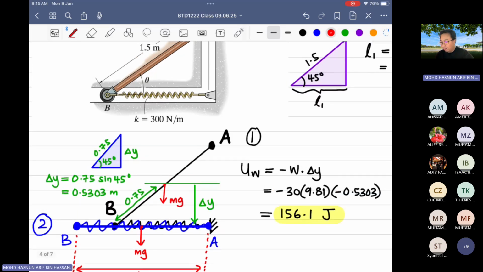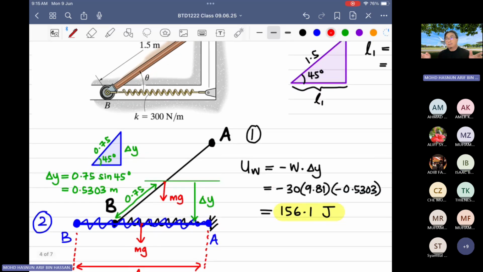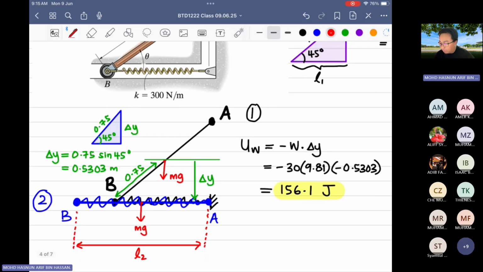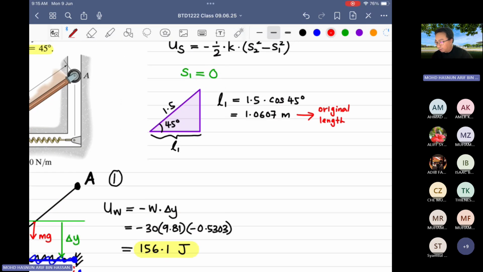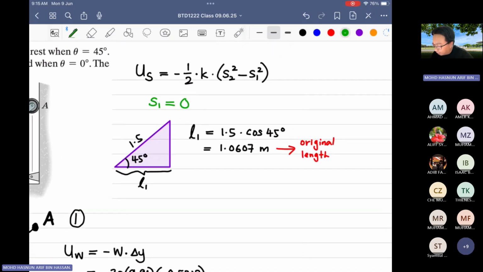L2 is the same as the length of the rod, which is, the total length of the rod is 1.5. So L2 is equal to 1.5 meter. Alright. So when we have L2 and the original length, we can then calculate S2, the elongation at position 2, is equal to L2 minus L1.